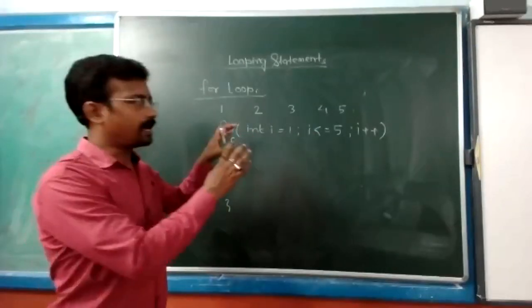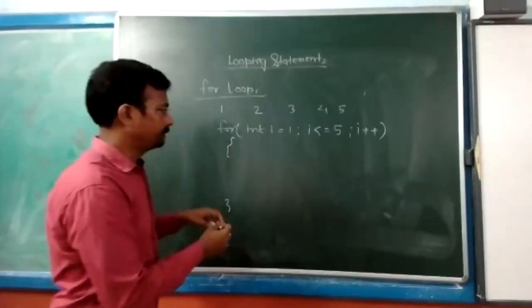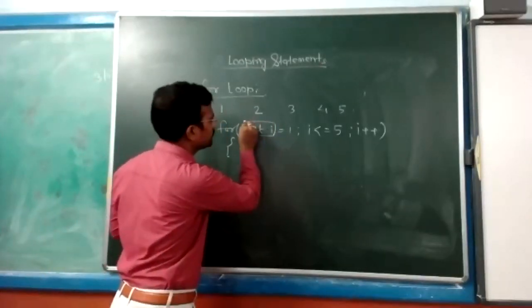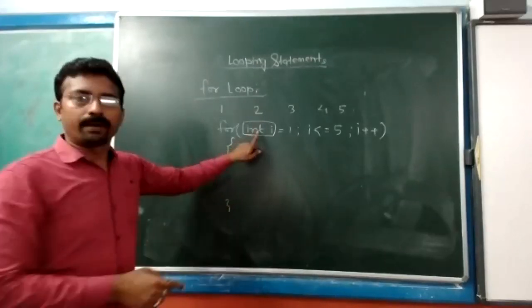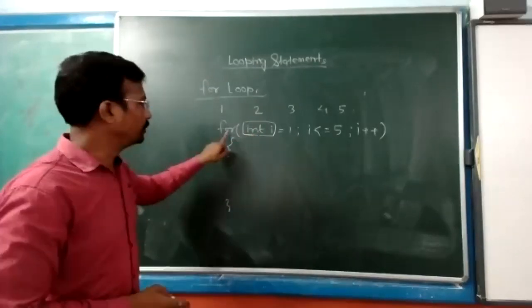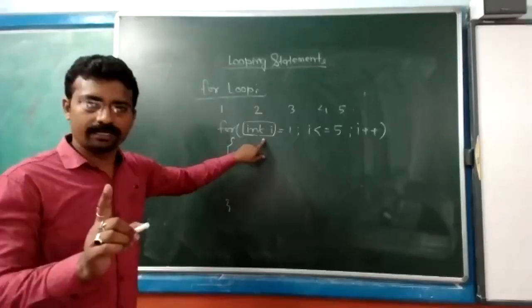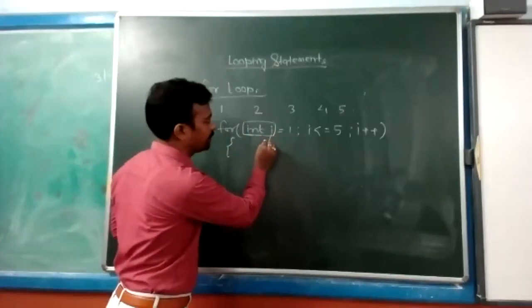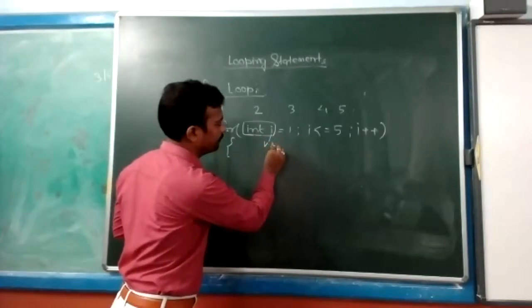So see, when we are writing a program using for loop, a few points you need to always keep in mind. This is the declaration of the for loop variable. Understand each word. This is the data type and this is the variable name.